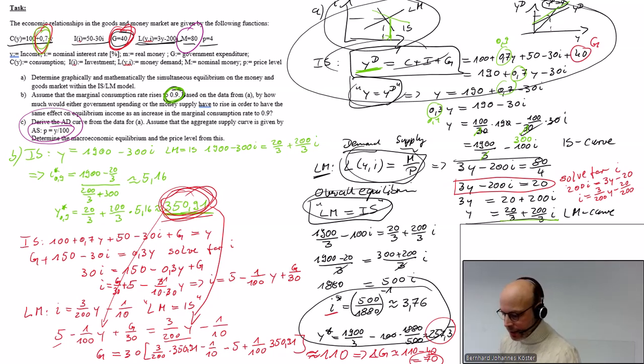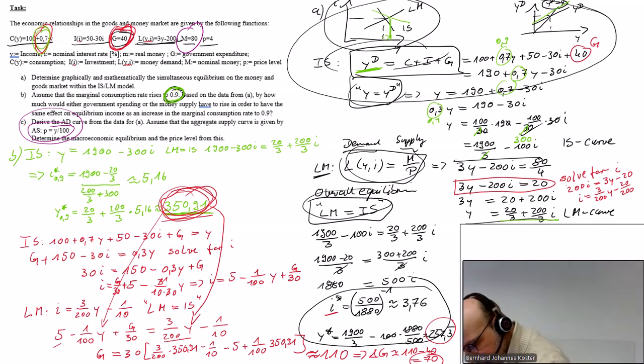And then we asked, this I did in red, if the marginal rate of consumption would still be 70%, how much would we have to increase the government expenditure in order to achieve the same increase of total income?